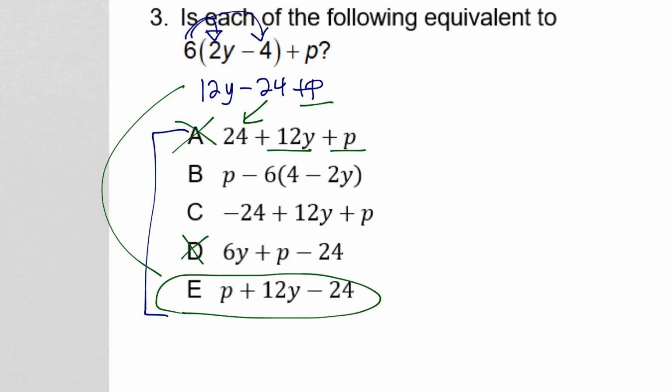D is out, and so is C, the same answer. Notice how they just swapped the 12y and the negative 24. So that one is still an answer. But now I have to figure out if B is an answer, and I can't figure it out yet until I use the distributive property.